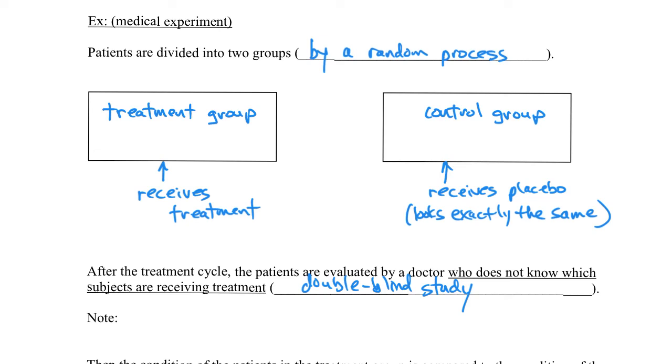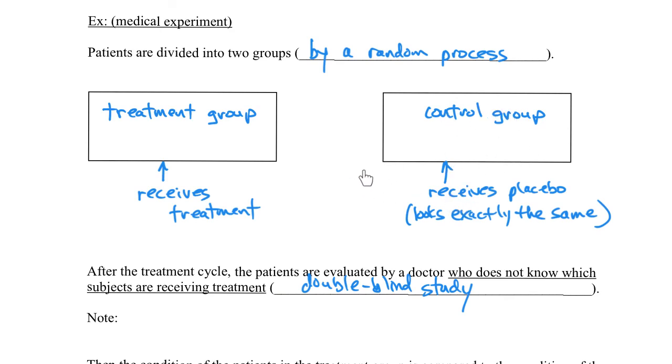So then you compare and you see, does this group here, did they do better than this group? So remember, this is a placebo. The placebo effect is in here. So even if the pill doesn't work, this group should improve from the placebo effect.